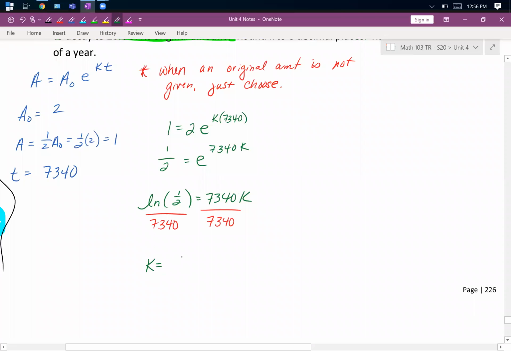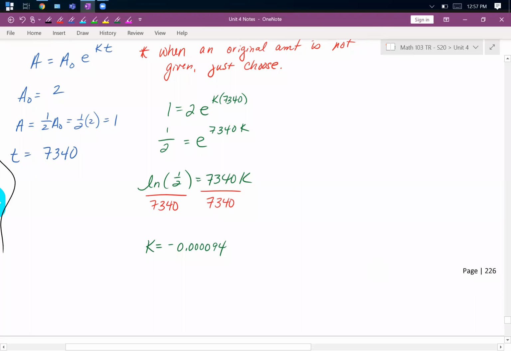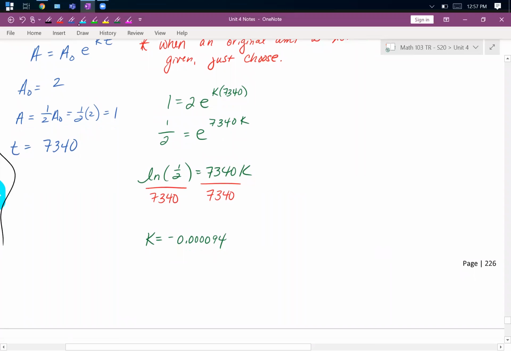We get k to be equal to negative 0.0000094. Any questions so far?